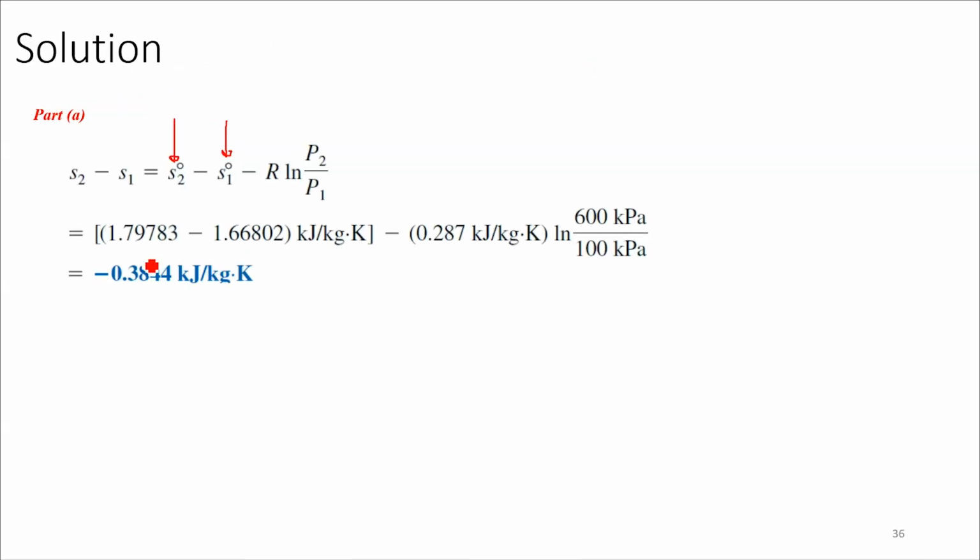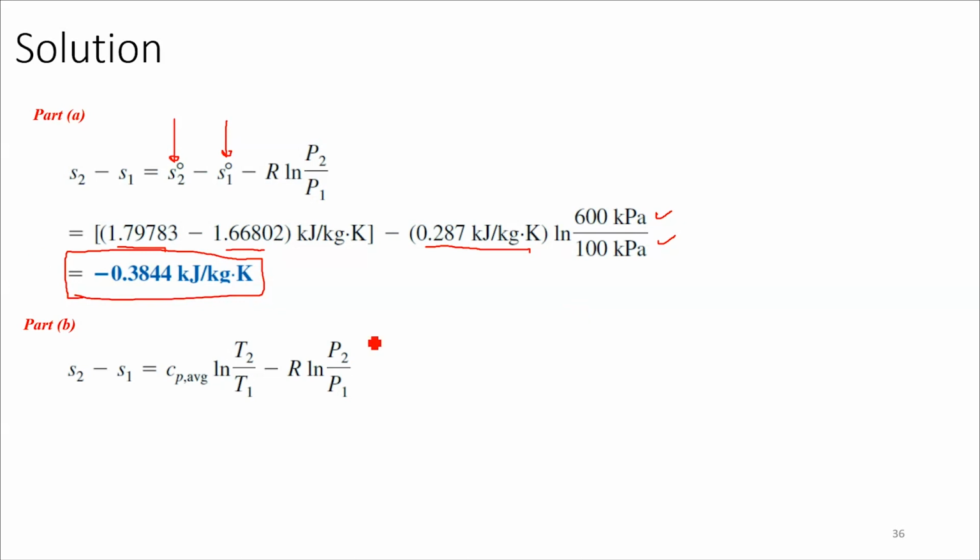Directly take the values from the table and plug them in. R is the universal gas constant known to you, and pressures are given to you. The expression would give you the change in entropy for air as an ideal gas. Clear enough?